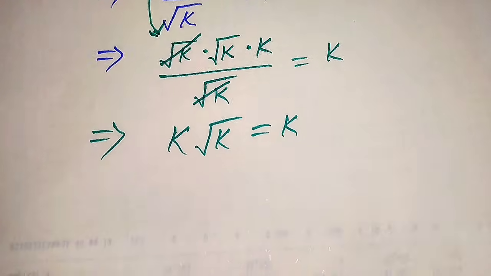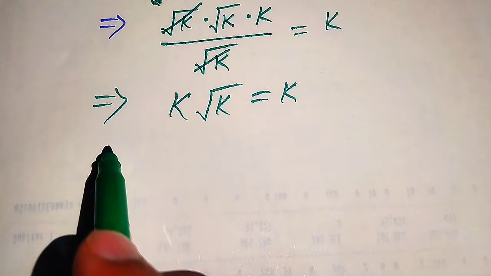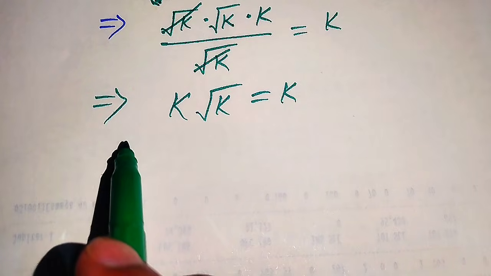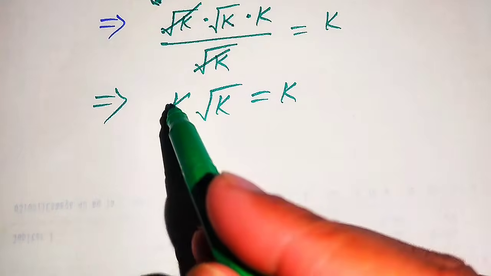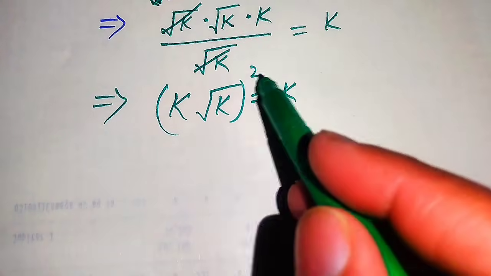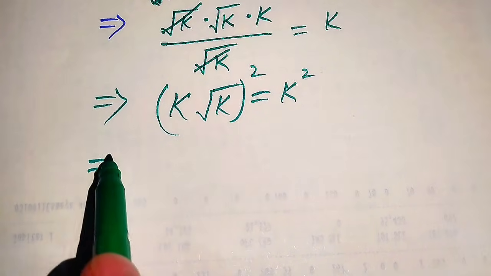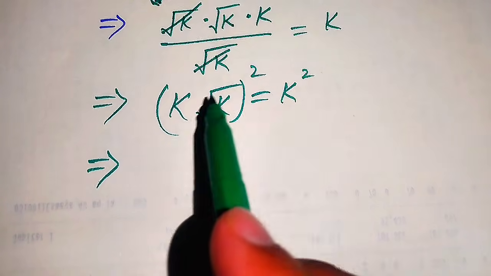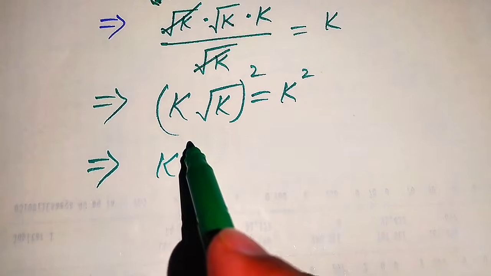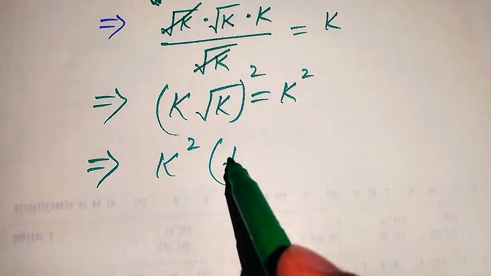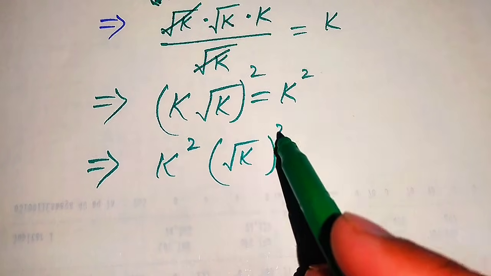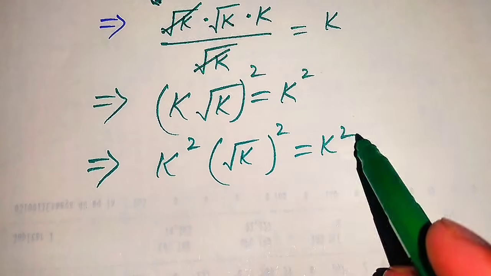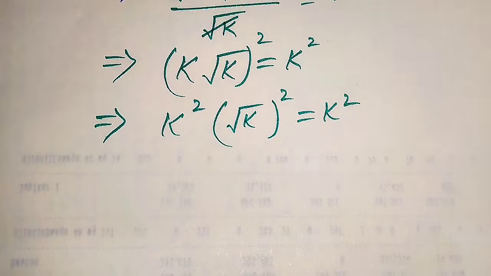So here we need more simplification, and now we need to take squaring on both of the sides. When we apply squaring on both of the sides, we apply the square separately on both of these two values, and it becomes k square into square root of k whole square is equal to k square.